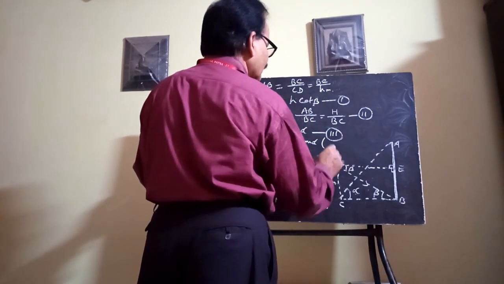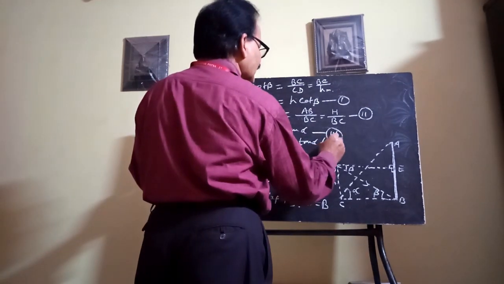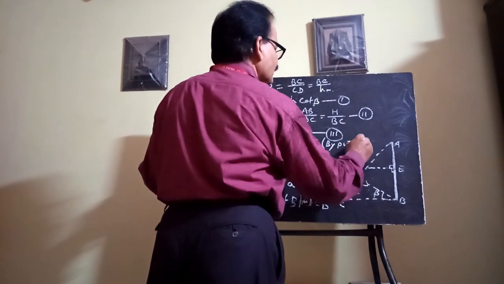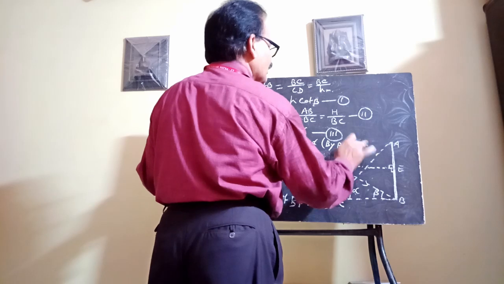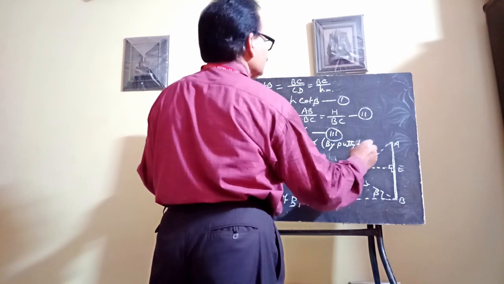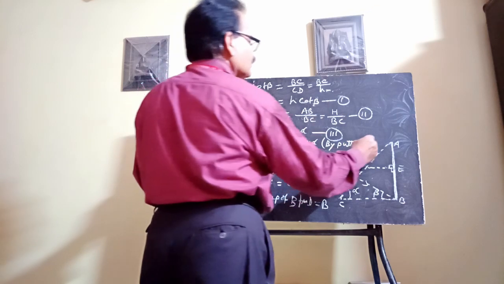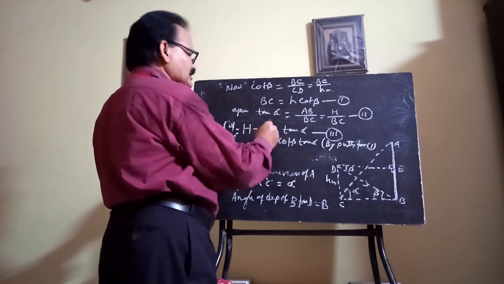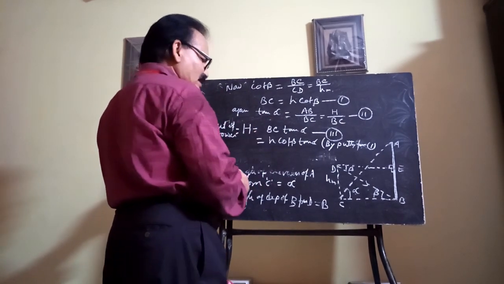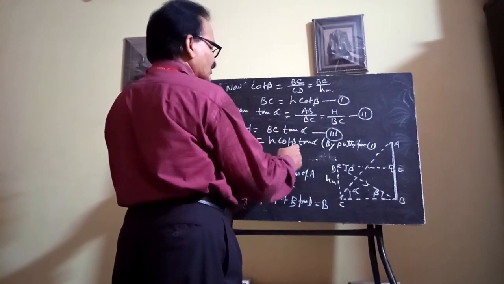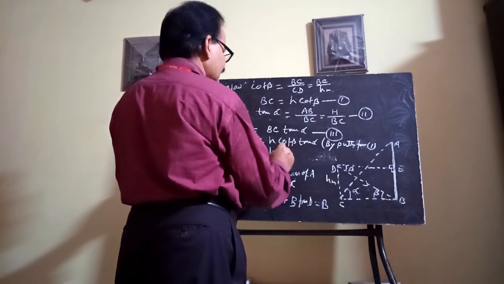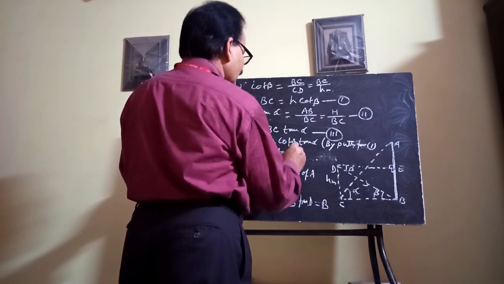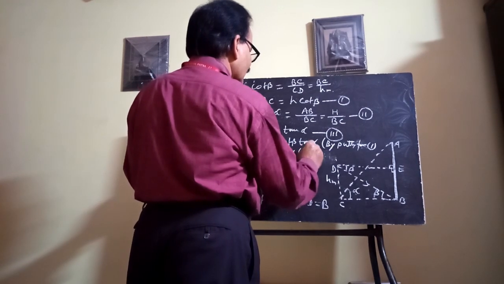Here, what you have done is put the value of BC from equation 1 into equation 2. So H is BC tan alpha, and the value of BC is h cot beta. Now in sequence, you just rearrange, which gives H equal to h tan alpha into cot beta. Hence proved.